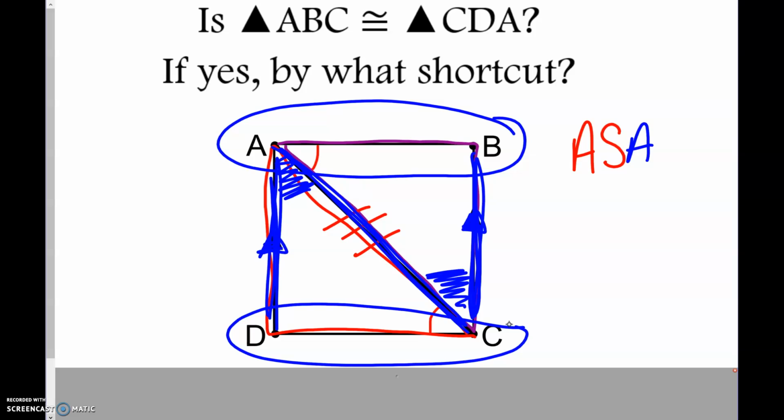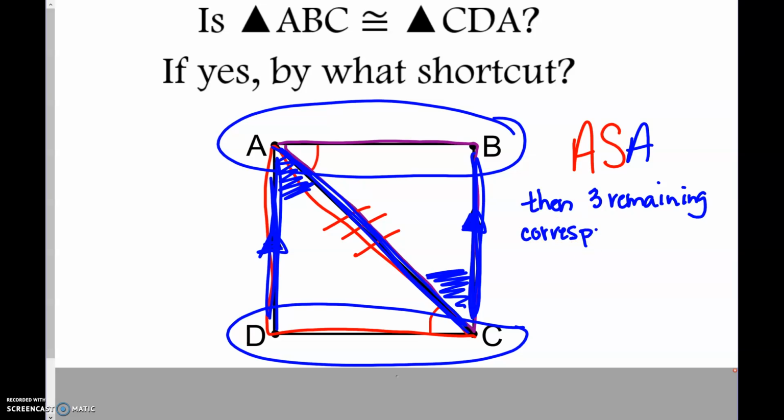So that's what today's lesson is going to be on. Once we have triangles congruent, then can't we get all corresponding parts? So then the 3 remaining corresponding parts are congruent.